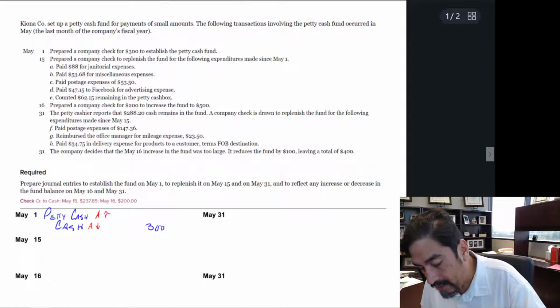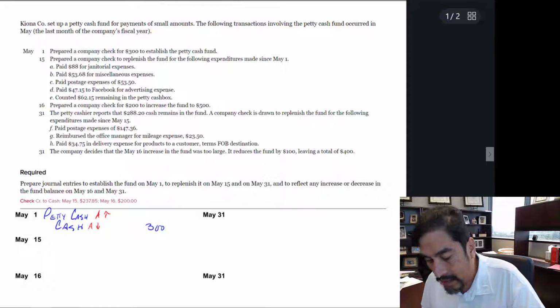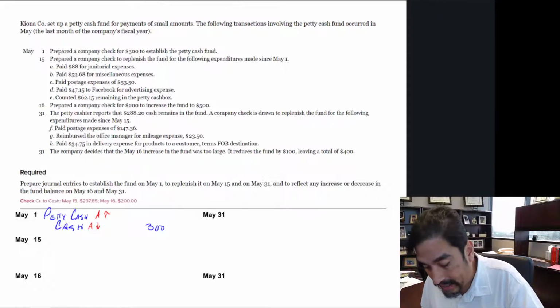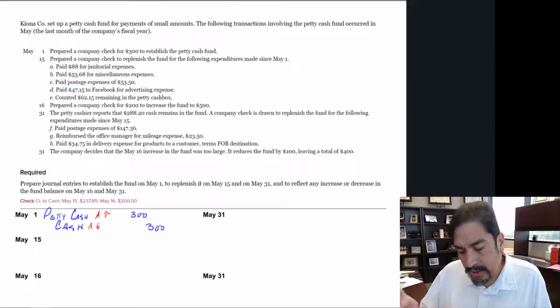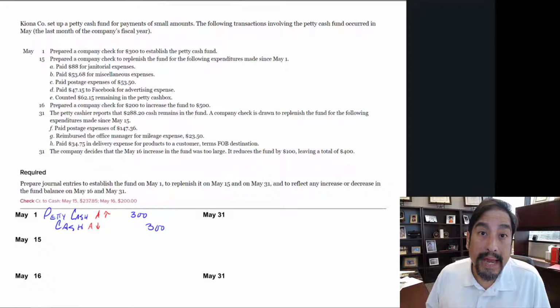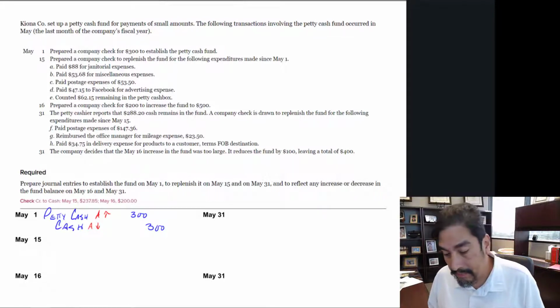The petty cash account is also an asset. We increase assets with a debit. So I kind of talked to you through that, but you can also just remember that to increase the petty cash fund, it's a debit to petty cash in the amount, here $300, the amount of the increase, and a credit to cash in that same amount.